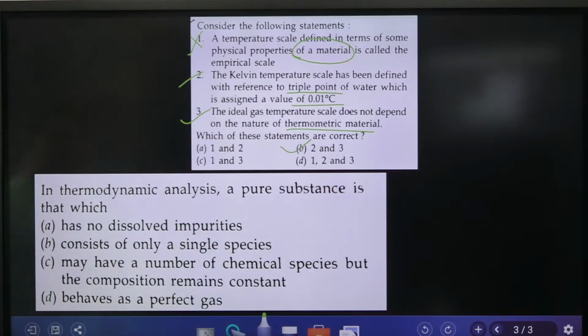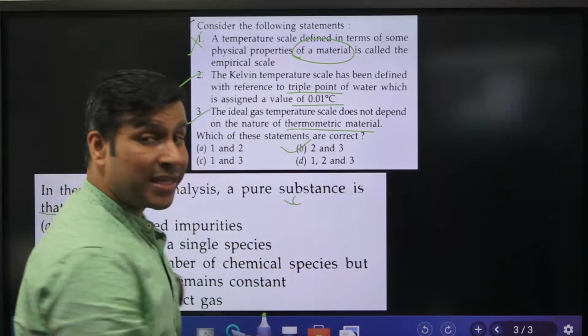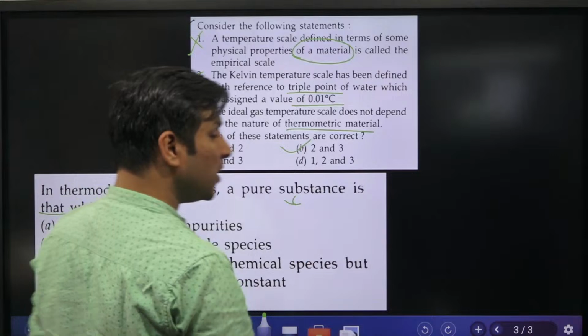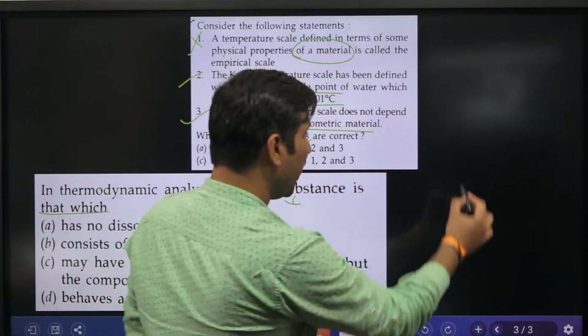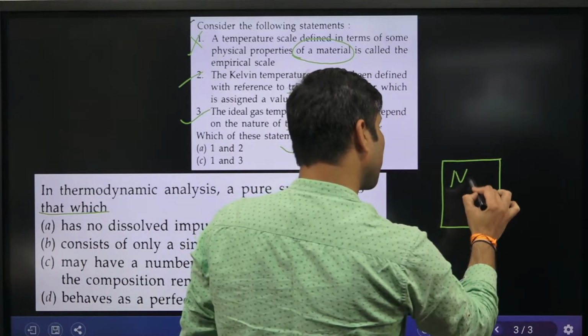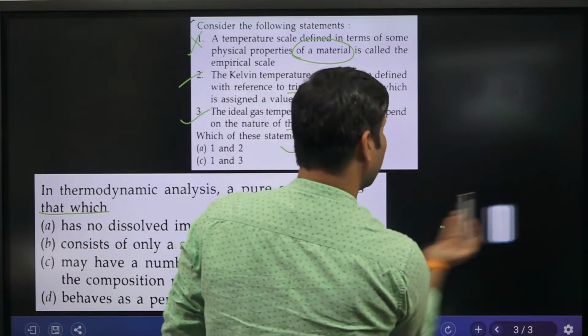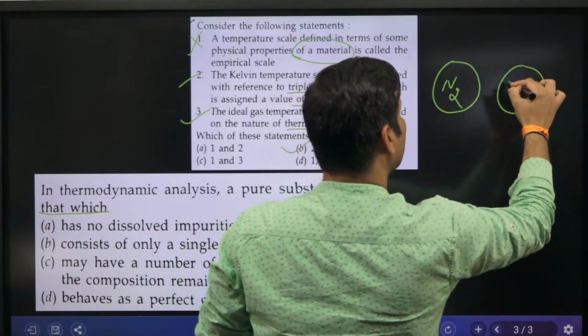In thermodynamic analysis, what does a pure substance mean, guys? It is homogeneous in chemical composition and homogeneous in chemical aggregation. Suppose in some container you are having nitrogen, and in another container you are having water.